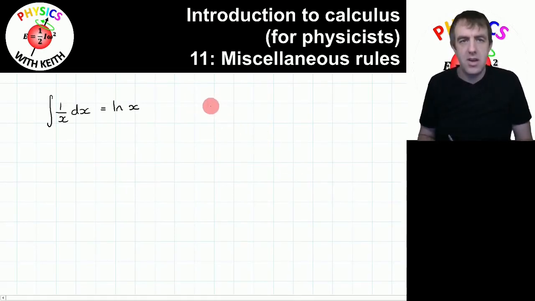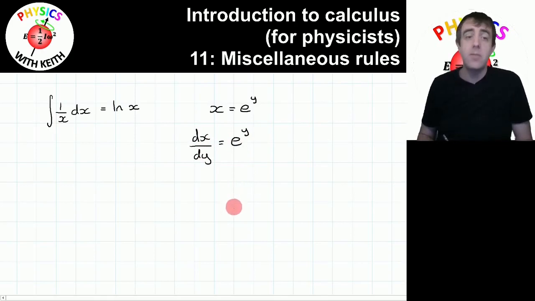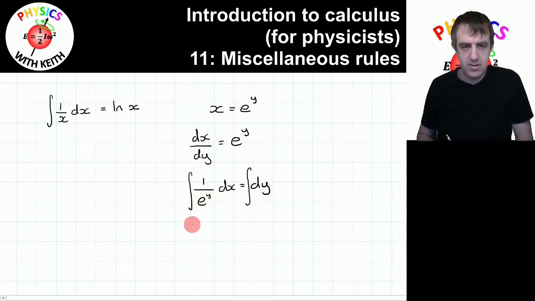So let's start by saying that x equals e to the y. Now, if that's the case, dx by dy will also equal e to the y. We can rearrange this, dividing through by e to the y and multiplying through by dy, and we get this. And then we can integrate both sides. When we integrate both sides, this is just 1 over x, because e to the y we defined as x.